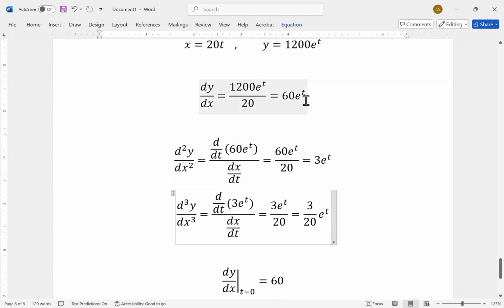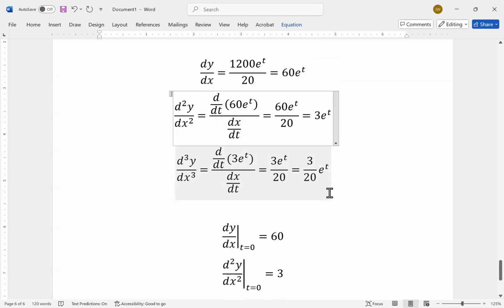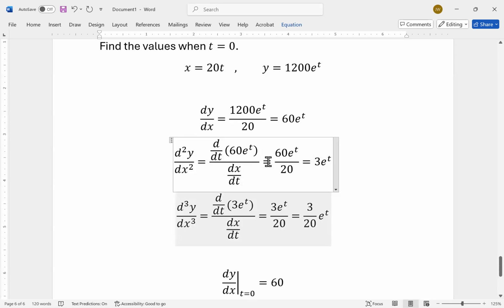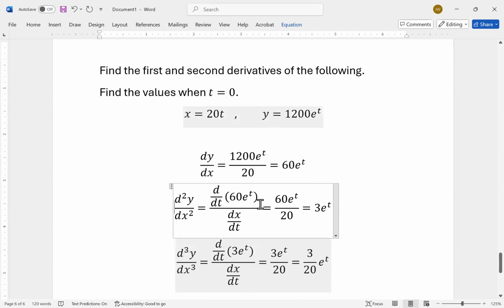If I plug in 0 into my first derivative, I get 60. If I plug in 0 into my second derivative, I get 3. Obviously, if I plug in 0 into my third derivative, I would get 3/20. So that's how we find the first and second derivatives, and you could go on and on.